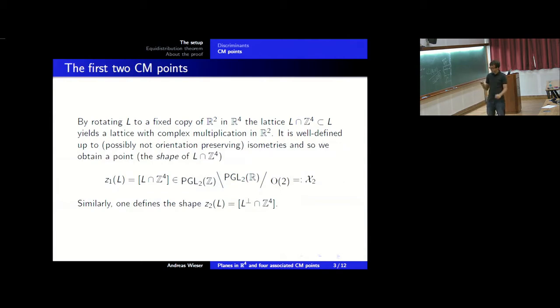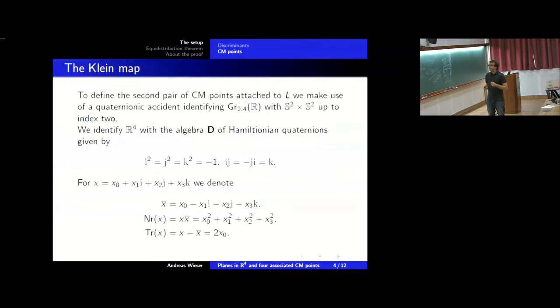So we have 2 CM points, which are rather directly defined. The second 2 use a very nice quaternionic trick that I would like to explain in detail. What the quaternionic trick does, in a nutshell, is identify this Grassmannian of two-dimensional subspaces in R4 with a product of 2 spheres.